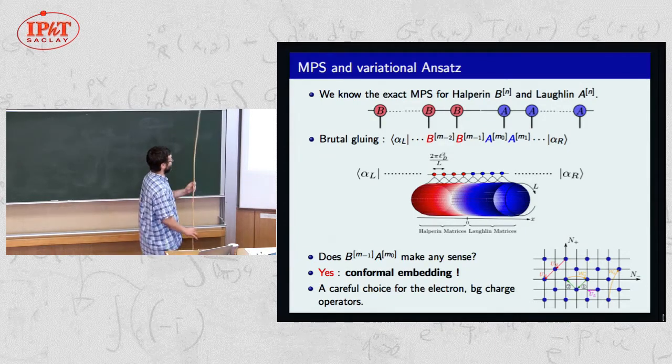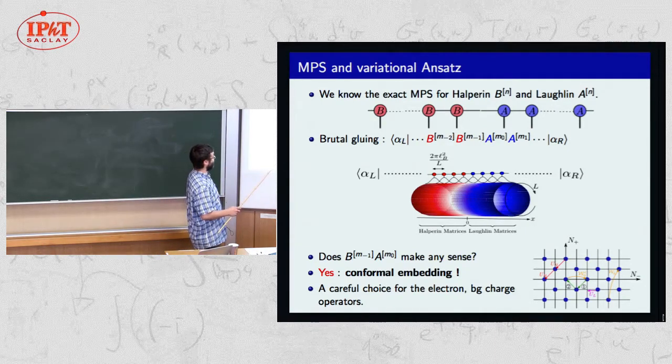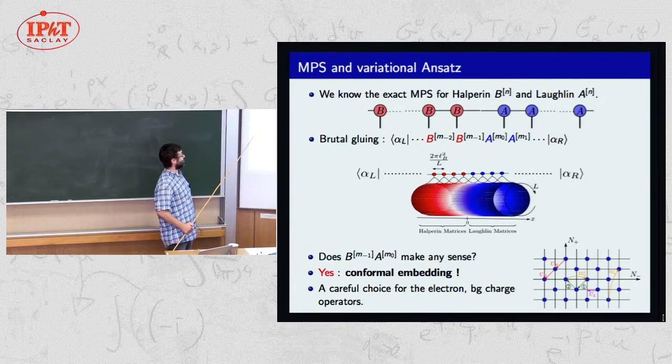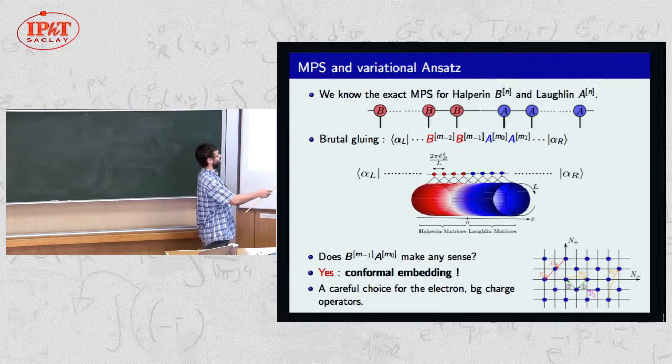One comment: if you're working with an open system, you will have the interface mode here, and you will also have edge modes on the left and right. The edge modes are controlled by what you put at the end of your MPS. If you want to change the edge modes on the left, you change what you put here. If you want to change the edge modes on the right, you change what you put here. But remember, now I have a much bigger auxiliary space because I have 2 bosons.